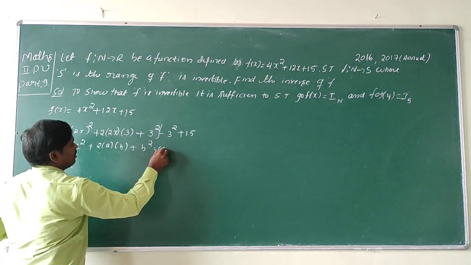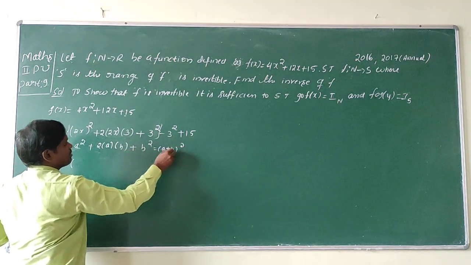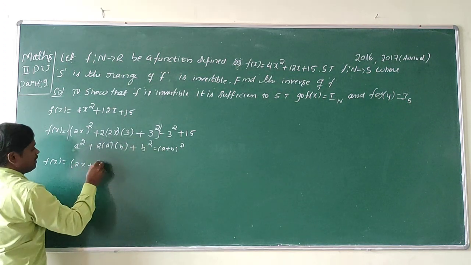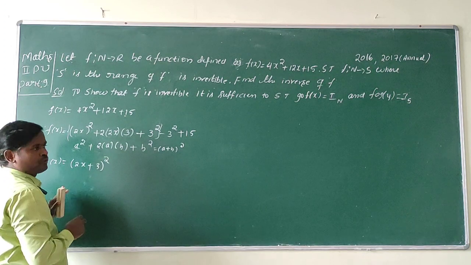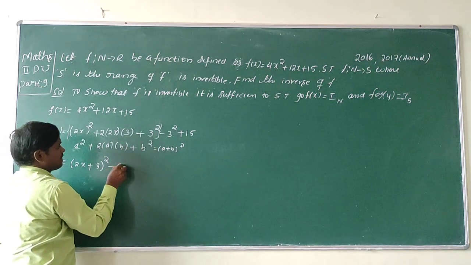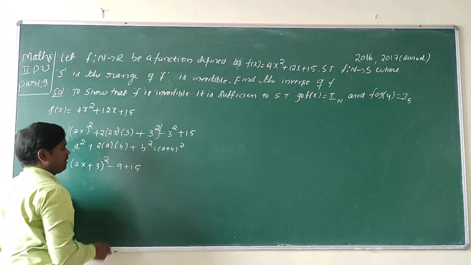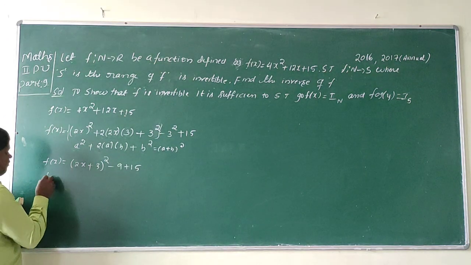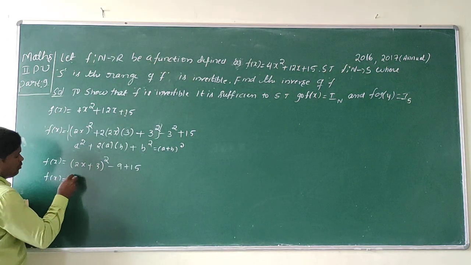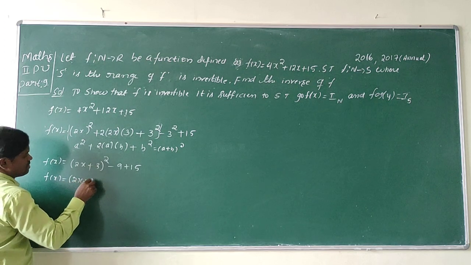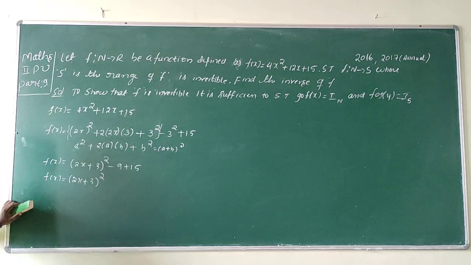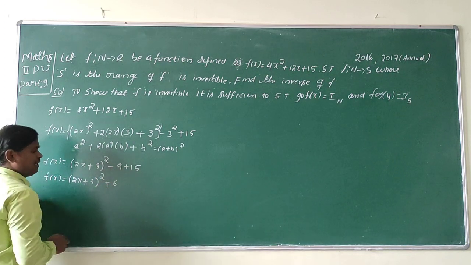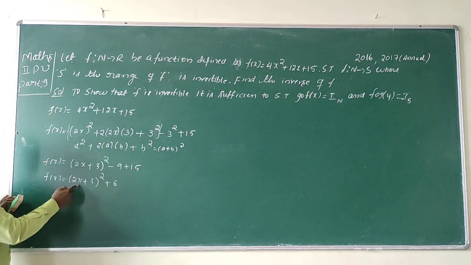So this is 2x plus 3 whole square, minus 9 plus 15. So f of x is equal to 2x plus 3 whole square plus 6. This is our new function.